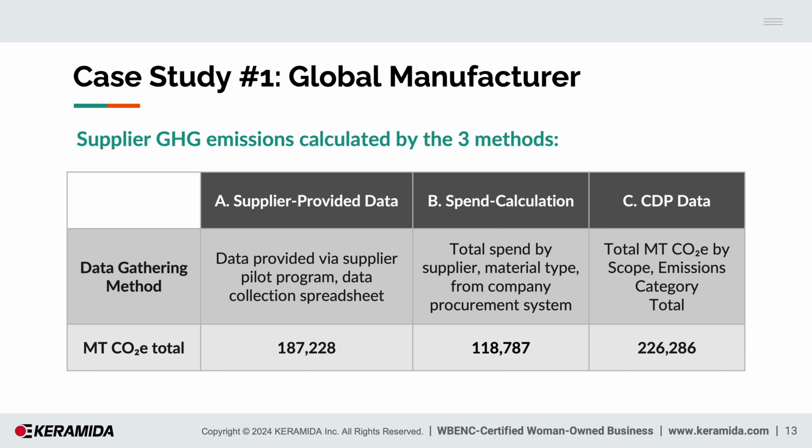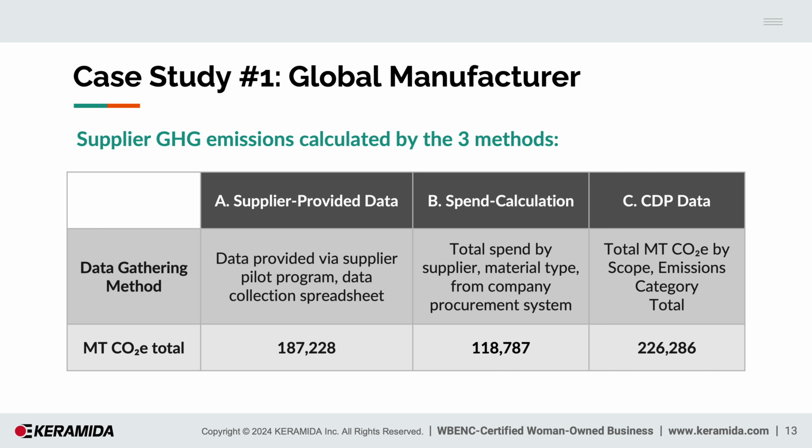So the results of this whole exercise and process, they took 3 different approaches to assess their entire Scope 3 procurement-related upstream emissions, and internally wanted to compare what the results would come out to be.